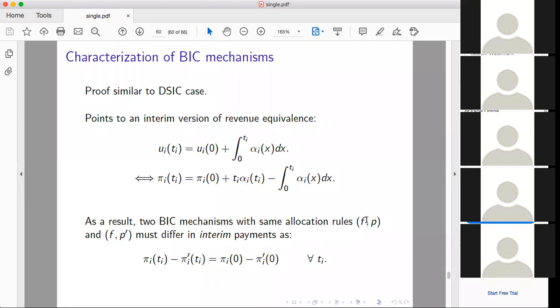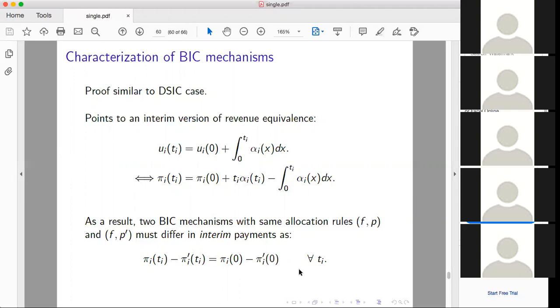If you have two mechanisms, (f, p) and (f, p′), they have the same allocation rule, but the payments p and p′ might be different. But because of BIC, they can only differ in the following manner: π_i(t_i) − π′_i(t_i) = π_i(0) − π′_i(0).